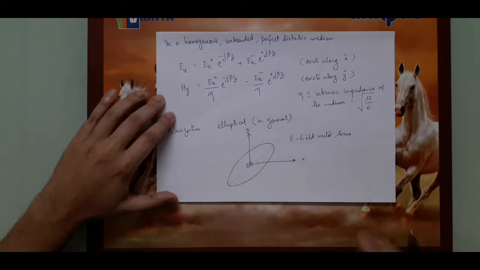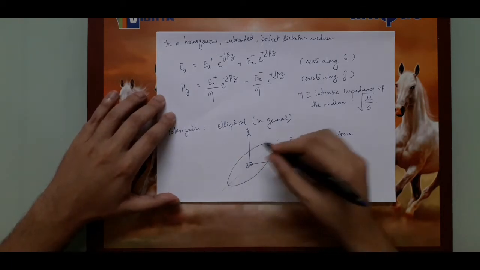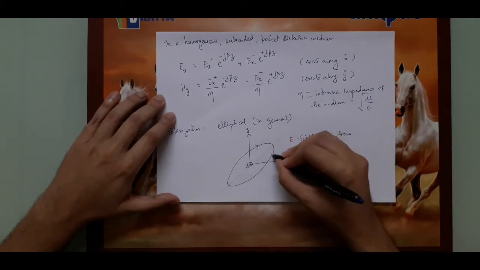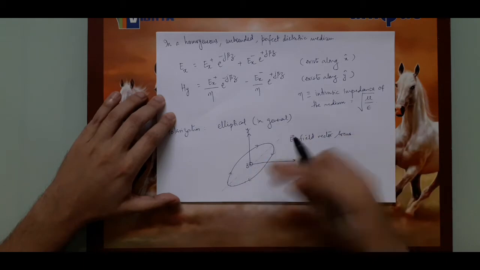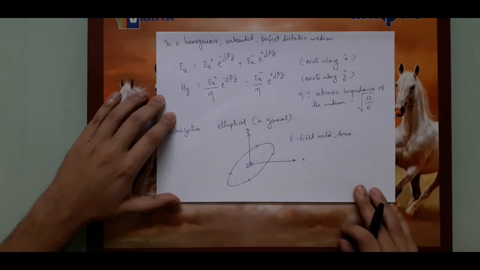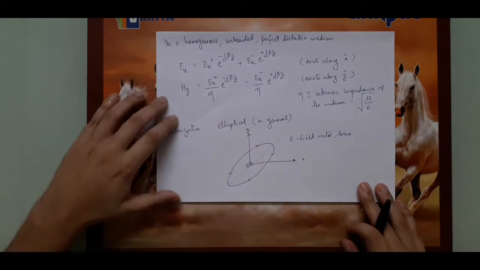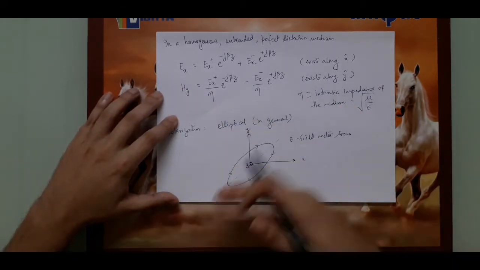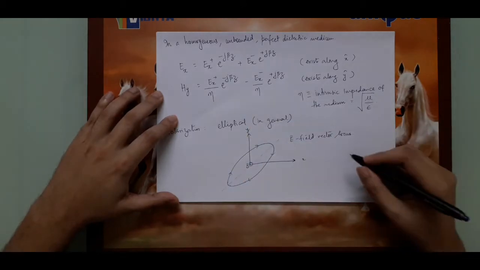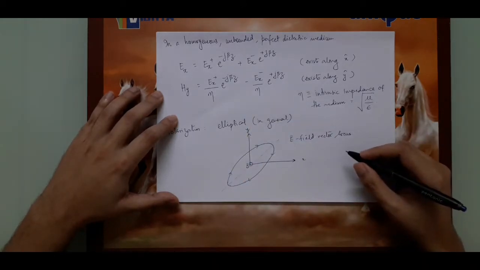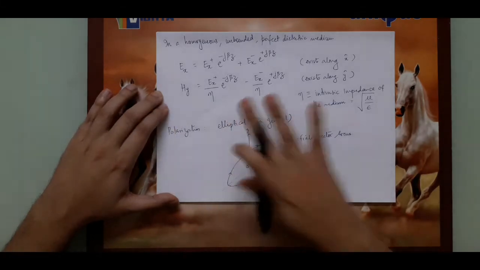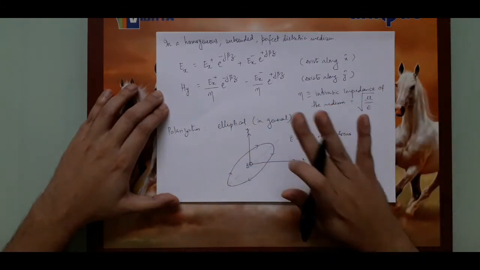Likewise, even for the ellipse, there will be some kind of a rotation. So if the electric field vector tip rotates clockwise along the ellipse, then we will call it a left hand circular polarization. And if it rotates anti-clockwise, we will call it a right hand circular polarization. So in general, elliptical is the case.